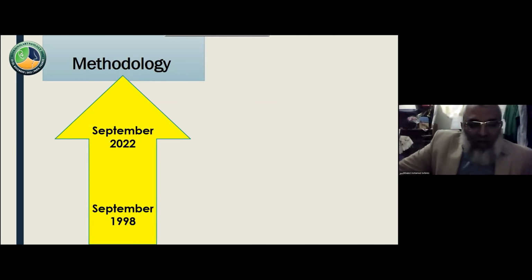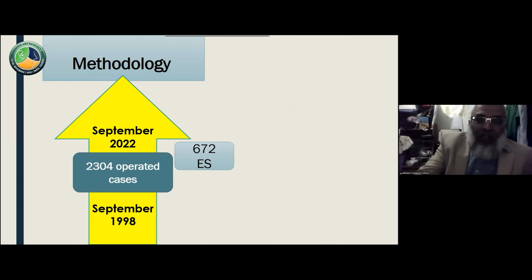The study was conducted from 1998 to 2022, including 2,304 operated cases, of which 672 were operated with the endoscopic technique, while the others were operated with the conventional technique.